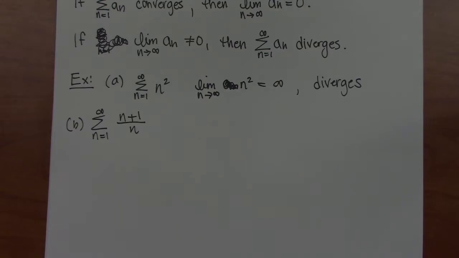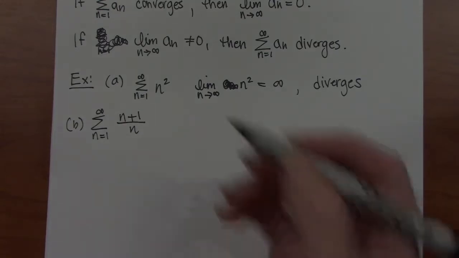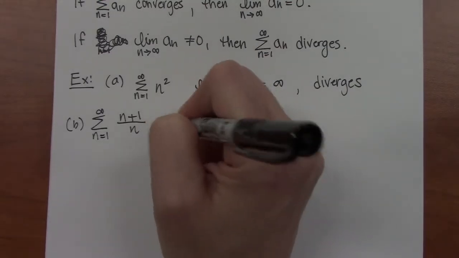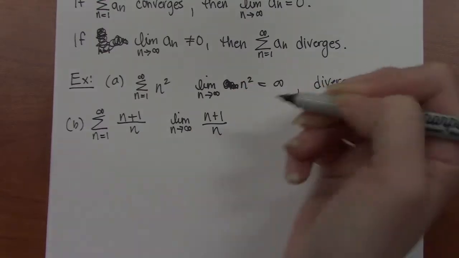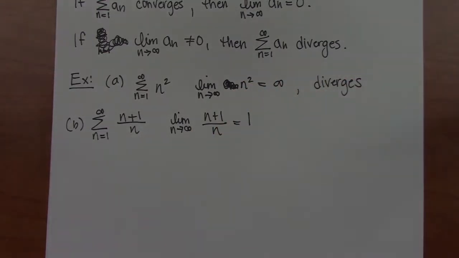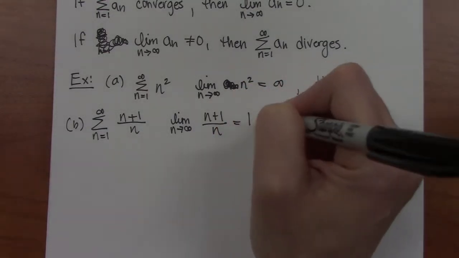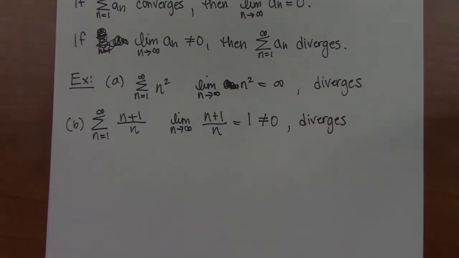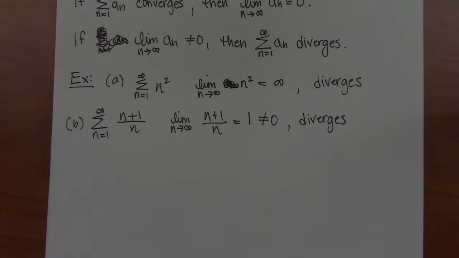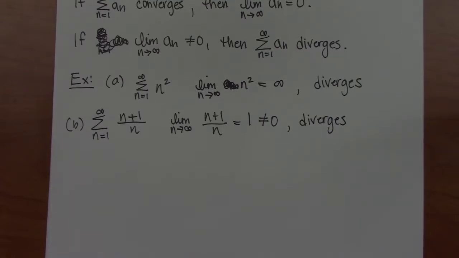So let's look at another one. So this one, if we take the limit of this, any of you know what it is right away? 1. So the limit of this is 1, which is non-zero, so it diverges. So if the limit doesn't exist, if the limit's infinity, if the limit's non-zero.